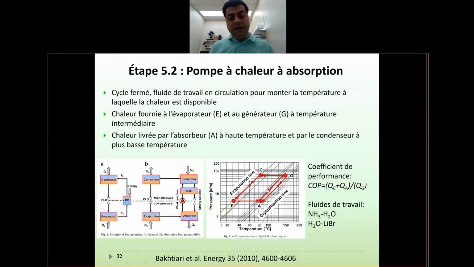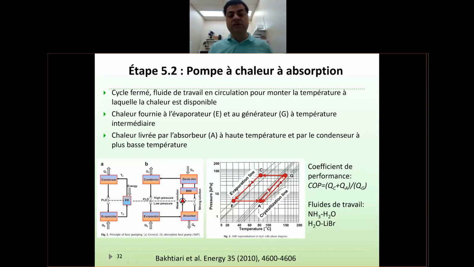Again, in the evaporator, the volatile working fluid takes the energy QE. It goes to the absorber, where the solvent is already there. Again you have absorption, and you lose energy. You pump it, so due to pumping you pressurize the working fluid.